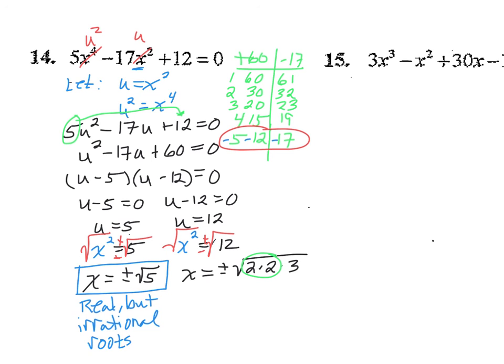And you're going to pull out a 2 out in front, so you end up with x equaling positive or negative 2 radical 3. So we have another set of real but irrational roots. So these are also real and irrational. So all 4 are real and irrational.